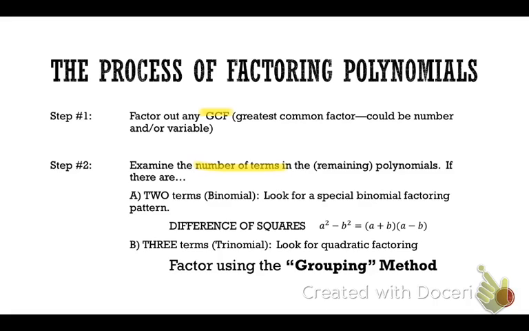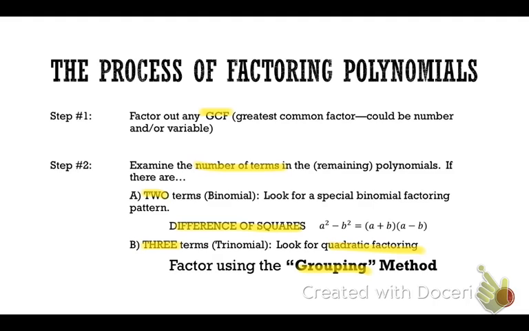So if we have two terms, we're going to look for a special factoring pattern, which is called a difference of squares. Now, what we're doing new in this concept is if we have three terms, then we're going to see if we have a polynomial in quadratic form, which is what we just talked about, and do a quadratic factoring method called the grouping method.